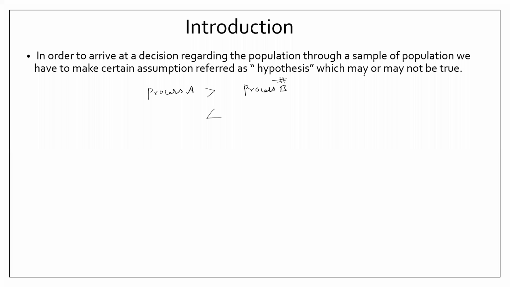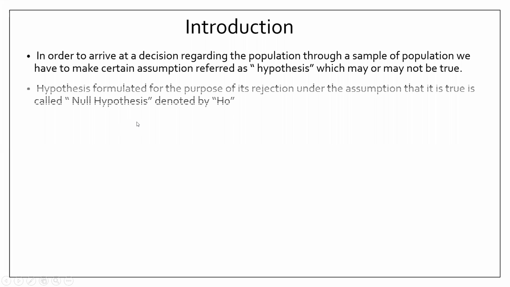We make some initial guess that there is a difference or there is no difference. Whether the hypothesis gets rejected or accepted depends upon the test. We will see that in a bit.